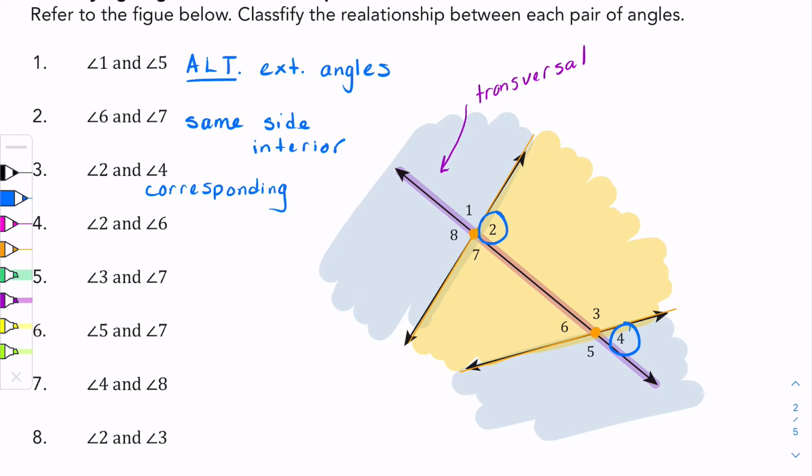Next, we have angle 2 and angle 6. Angle 2 and angle 6 both fall within the shaded orange region, which means they are interior angles, and they are on opposite sides of the transversal. So we're going to say that they are alternate interior angles.